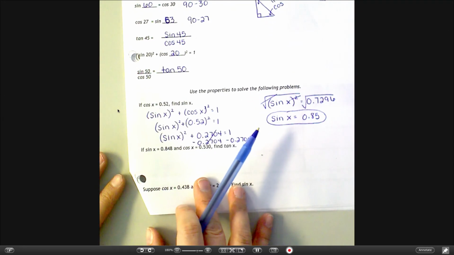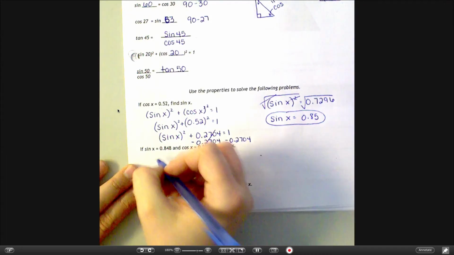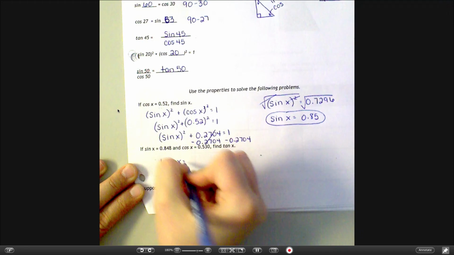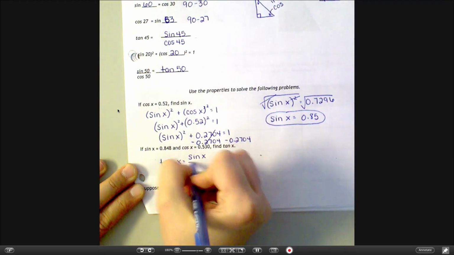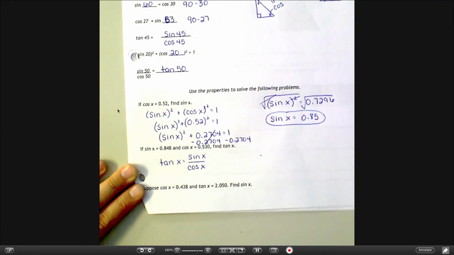Okay, let's look at the next one. It gives me sine of x and cosine of x and wants me to find tan of x. All right. Yeah, we know that tan of x is equal to sine x over cosine x. That came from up above. That came from one of our properties. Right?